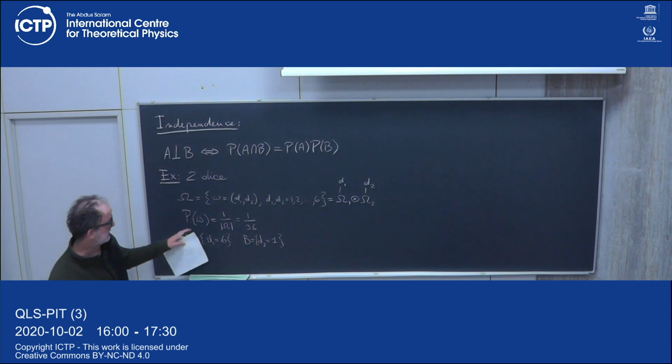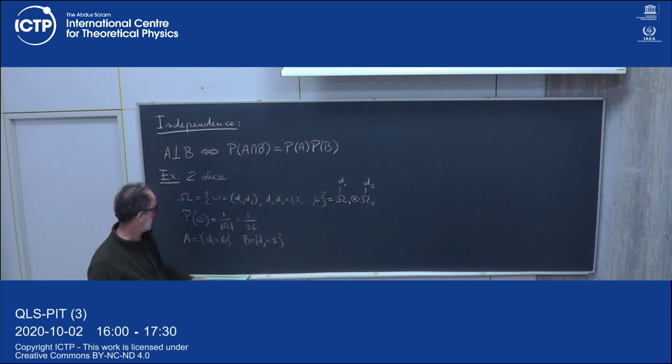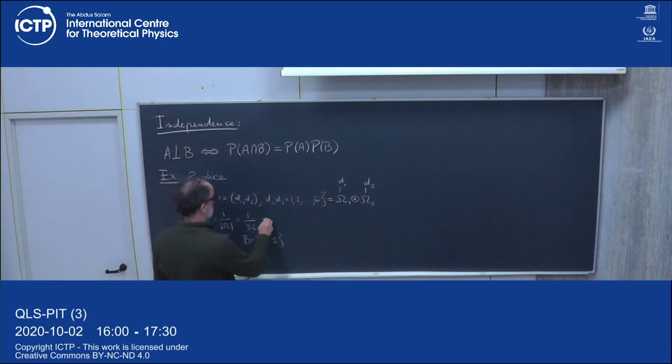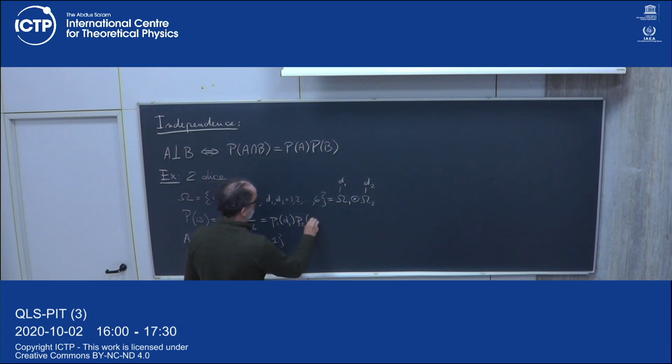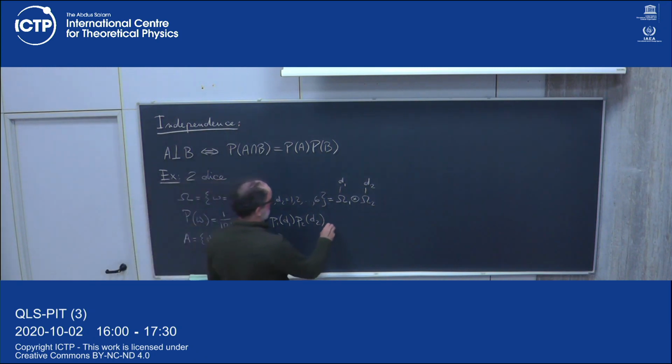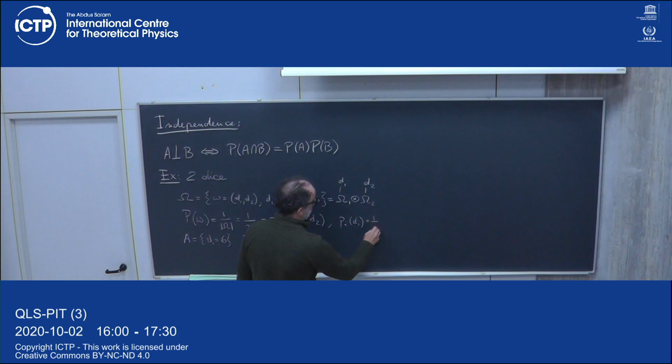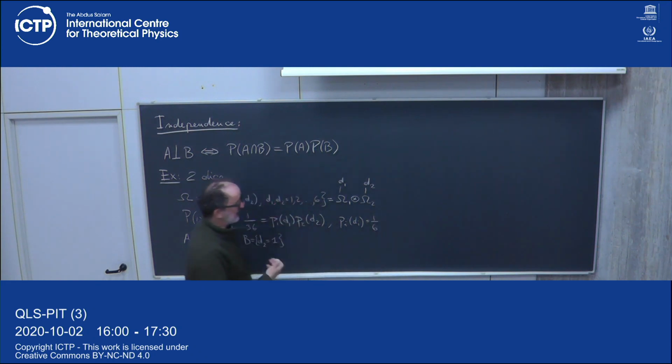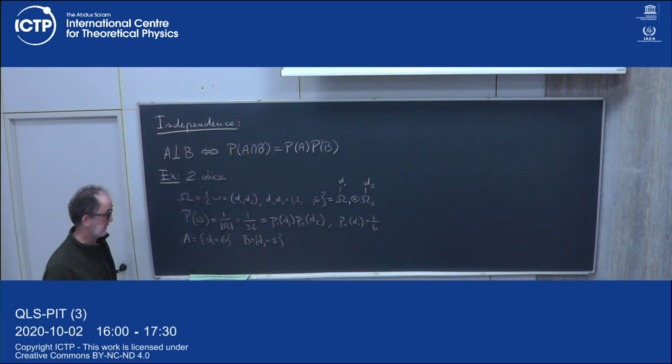So you can write it as the probability of D1 times the probability of D2. Each of these two probabilities is equal to 1/6 for every outcome of the two dice.